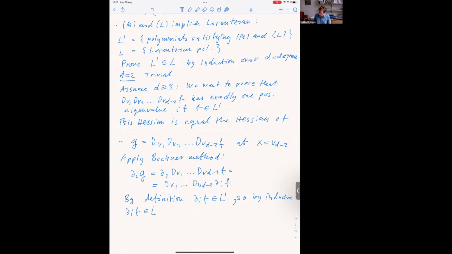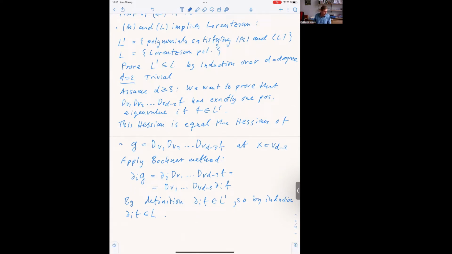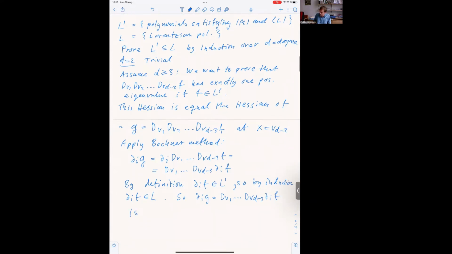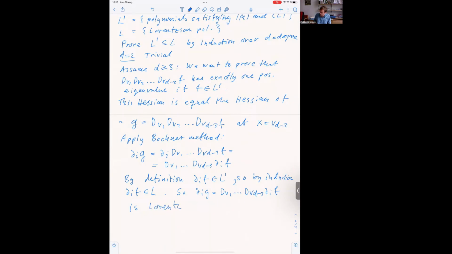So this, db1 through db d minus 3 DIF, is also Lorentzian, since taking directional derivatives preserves the property of being Lorentzian.